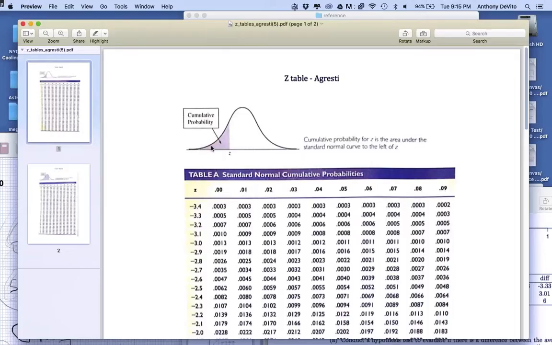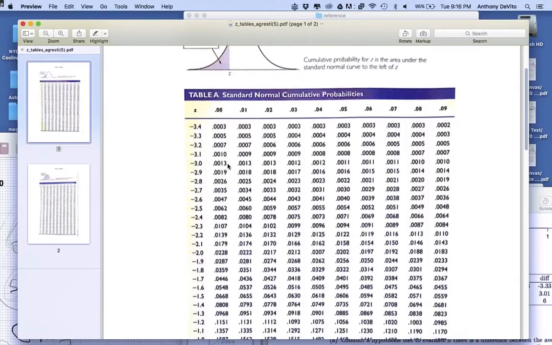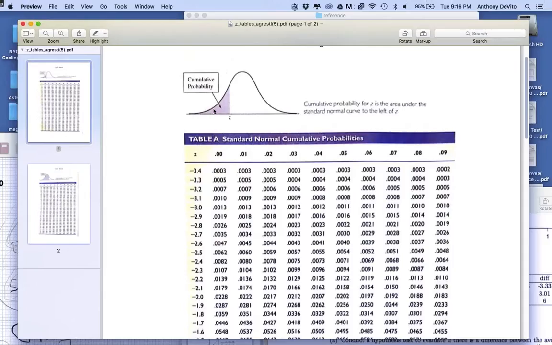In other words, the tail on the left and the tail on the right. Well, I'm going to say minus 3 because it's right here. So minus 3 is only about a 1.3% chance of us getting that big a z-score if these two are from the same population. However, I have to account for a plus 3 z-score, so that's 1.3% on the top, on the right side as well.